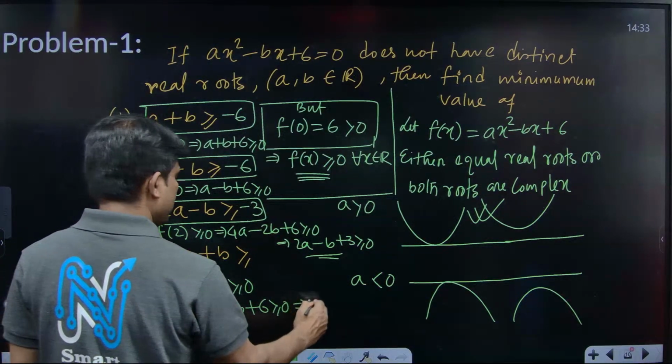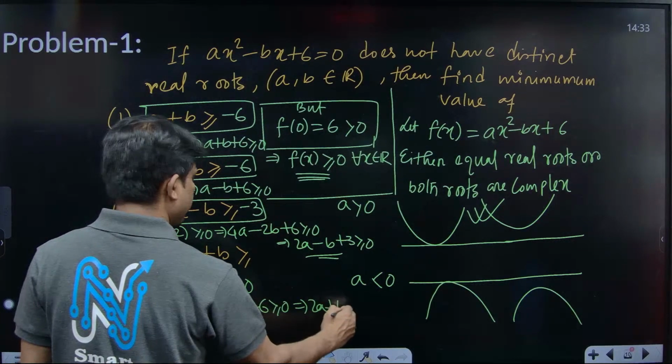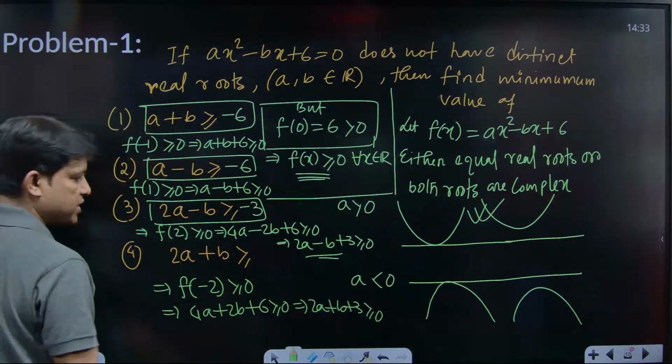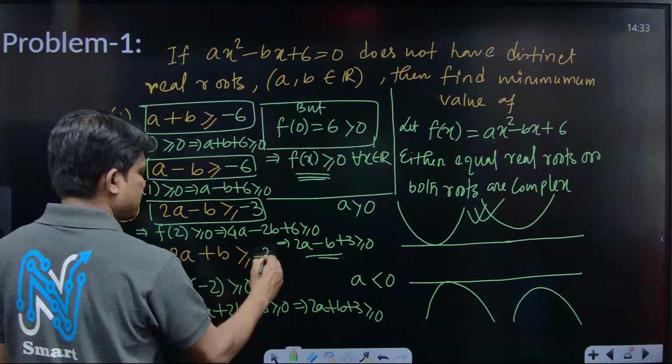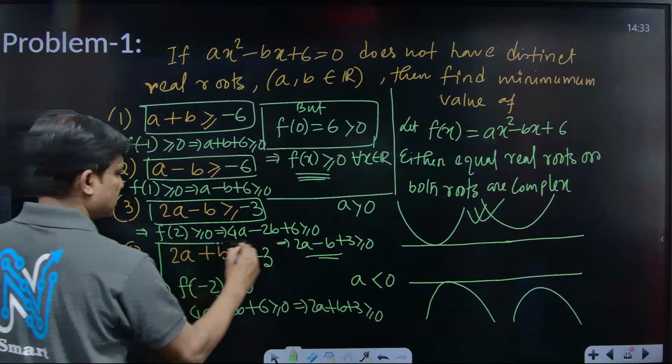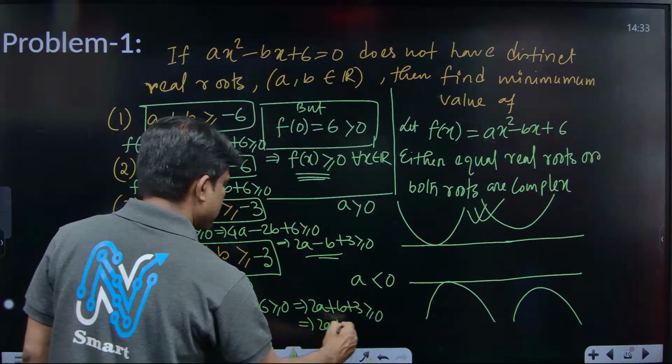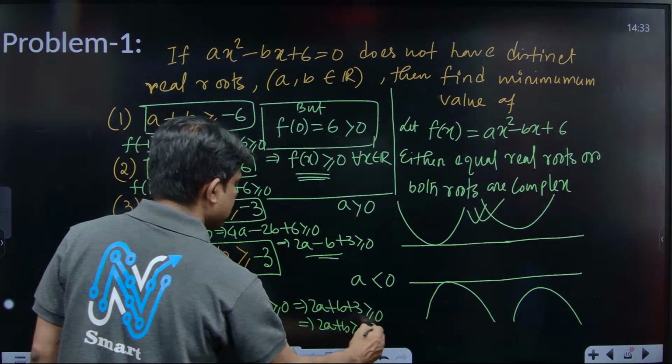That means 2a plus b plus 3 is greater than or equal to 0, so 2a plus b is at least minus 3. So the answer is minus 3.